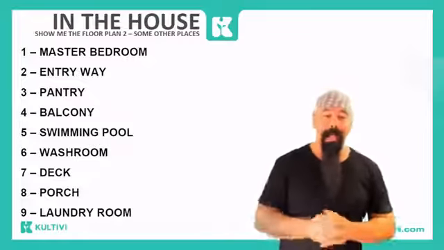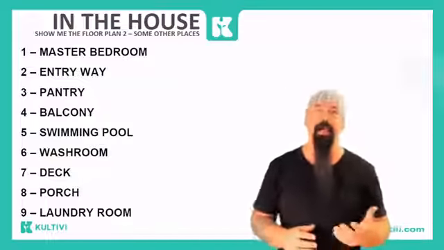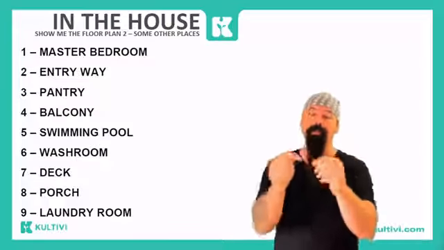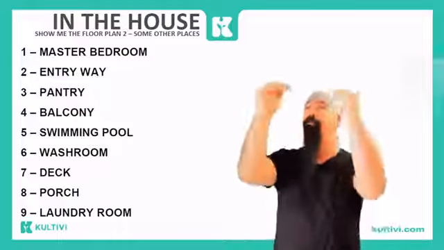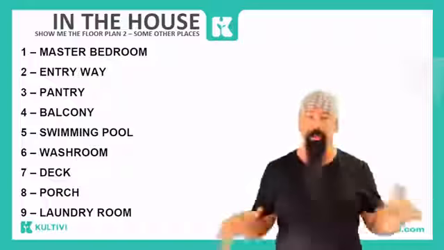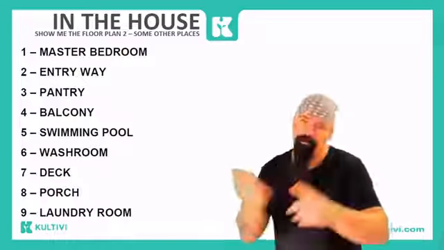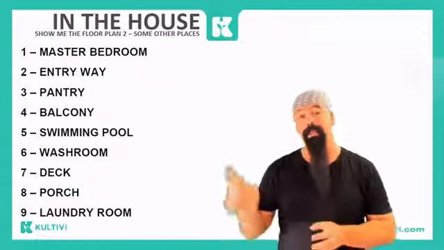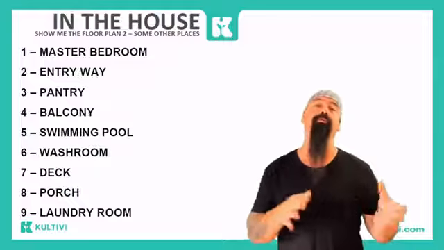Okay, a deck. Apartments usually have a balcony, on the third, fourth, fifth floor, which can be in the bedroom or in the living room, whatever. A deck is more for a house.